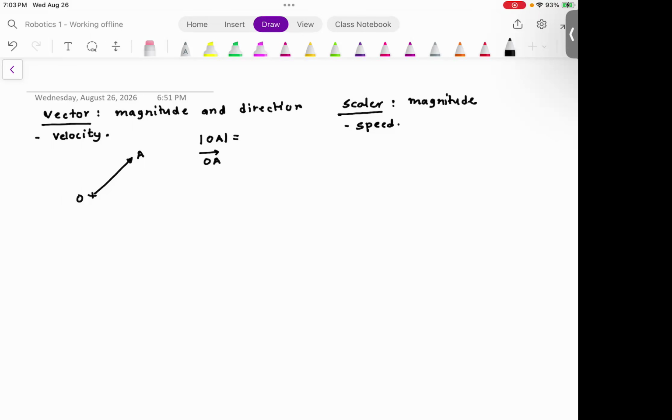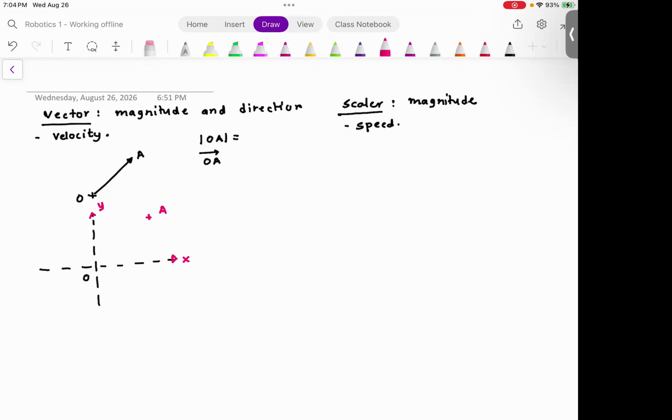Now let's understand this vector. You are at the origin and you want to go to this point A. This is your x-axis, this is your y-axis.